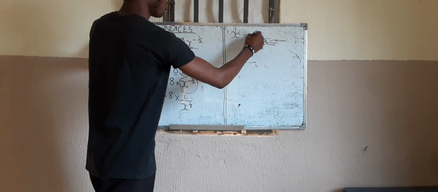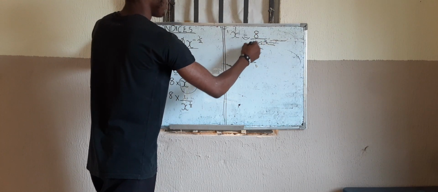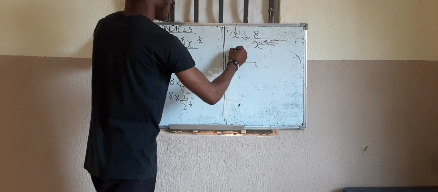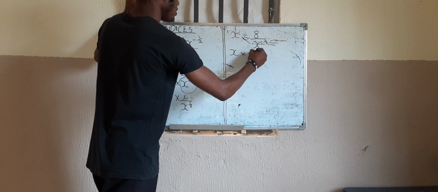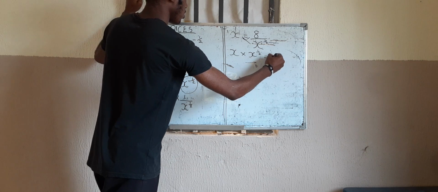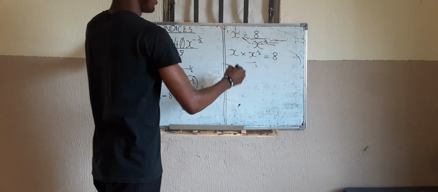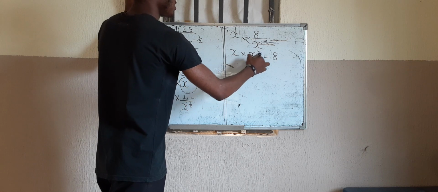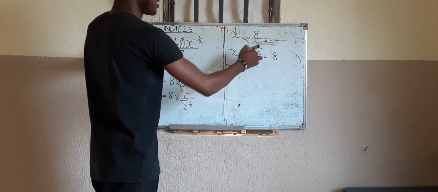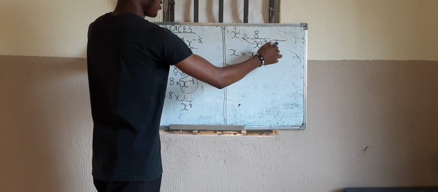So we do cross multiply. X goes to x. So in the laws of indices, when you have the same base, then that means the powers are going to be added.